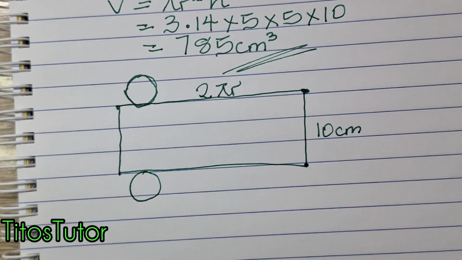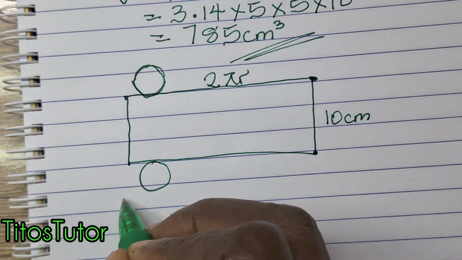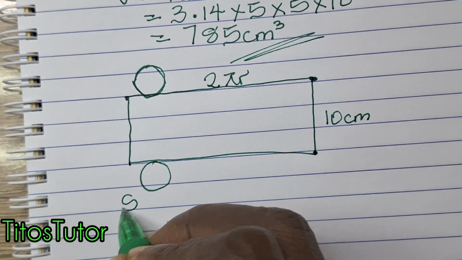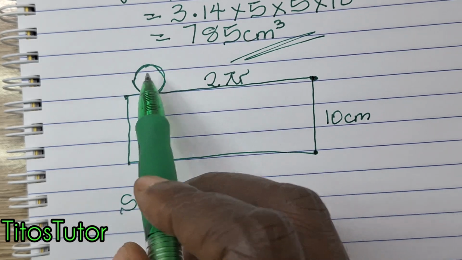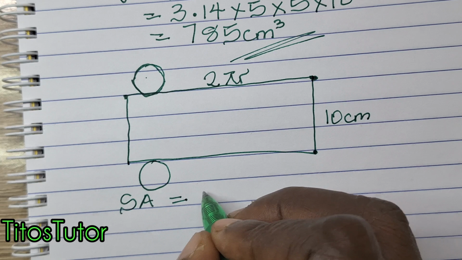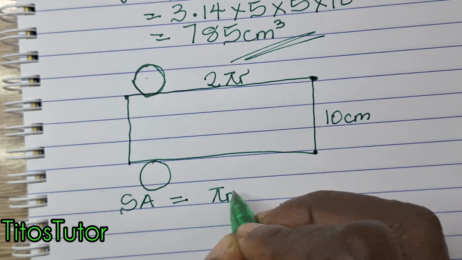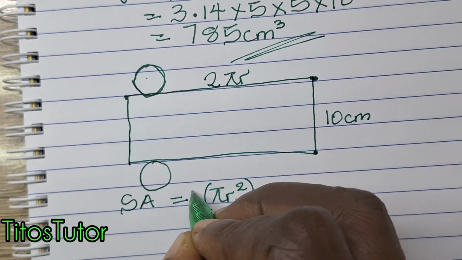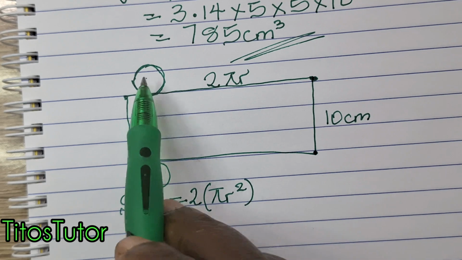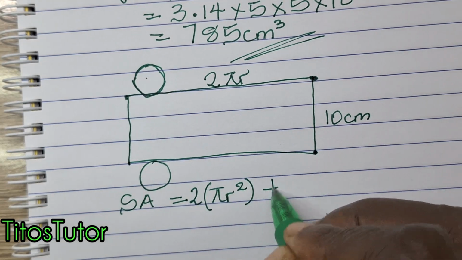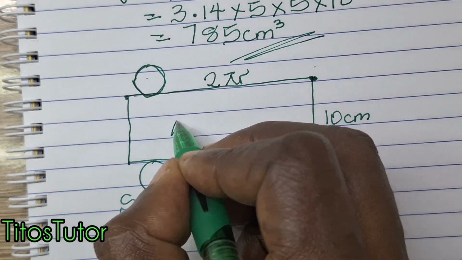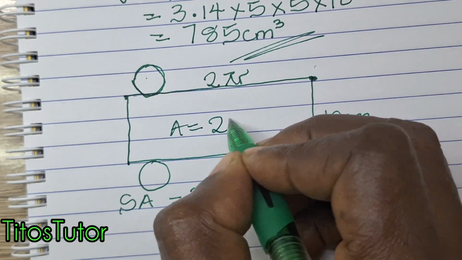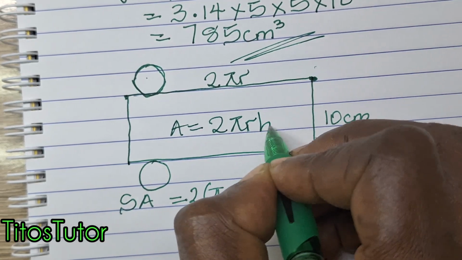So for total surface area of a cylinder, let's call it SA, is equal to this surface, which is pi r square, but multiplied 2 times because there are 2 circles, added to this area, and this area is 2 pi r multiplied by h.